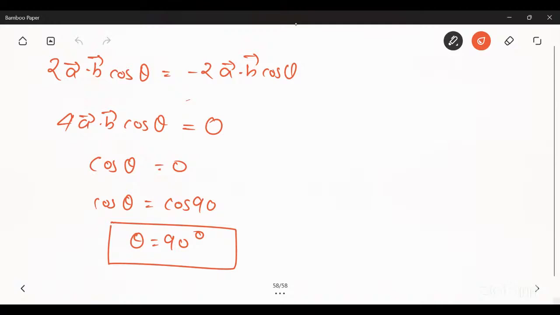Gravitation is completed. Mechanical properties of fluids, the viscosity topic, Pascal's law and Archimedes principle, is left. And the last one is kinetic theory. Now I am discussing a new chapter, that is units and measurement.